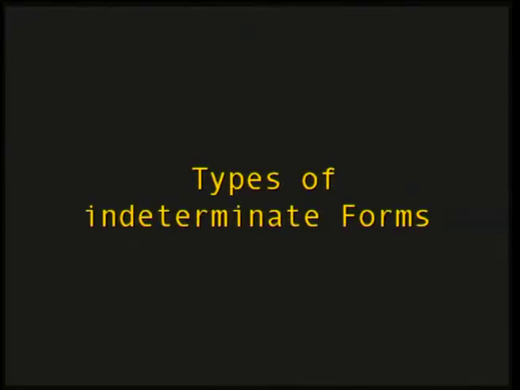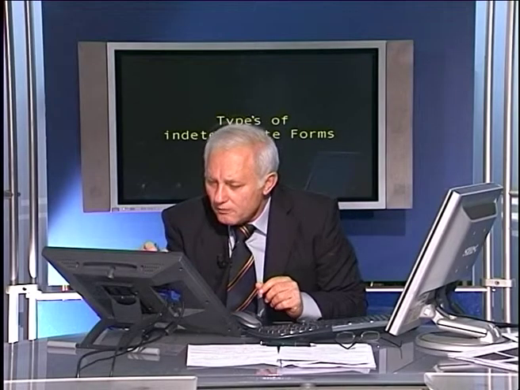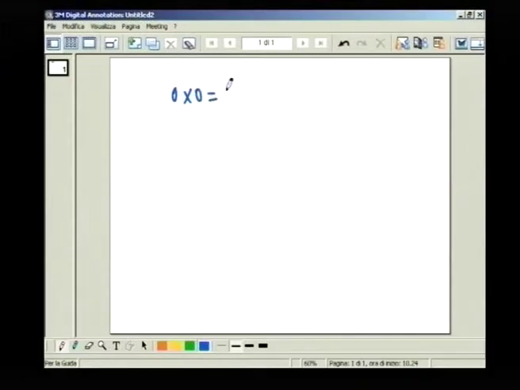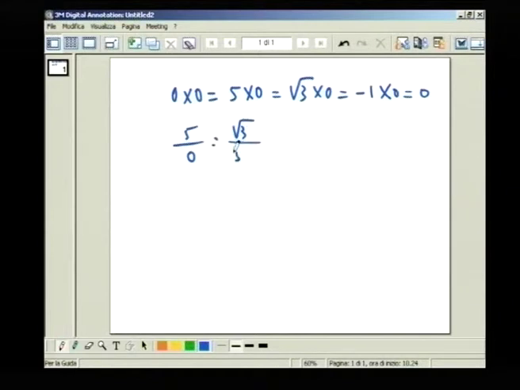Now, what are the indeterminate forms? When you say, for example, 0 multiplied by 0 is equal to 5 multiplied by 0 is equal to square root of 3 times 0 is equal to minus 1 times 0, all of these quantities are equal to 0. You can algebraically say then that 5 divided by 0 is equal to square root of 3 divided by 5, because all of them actually are 0 over 0.